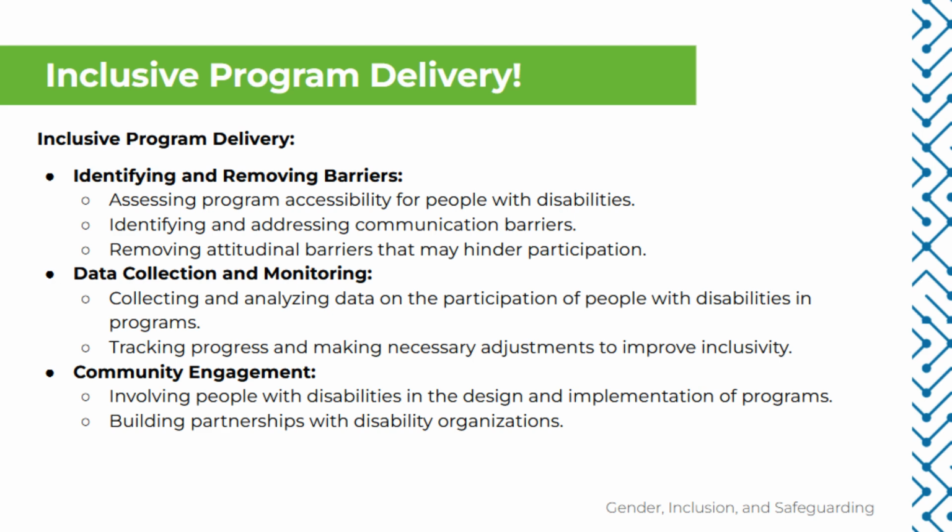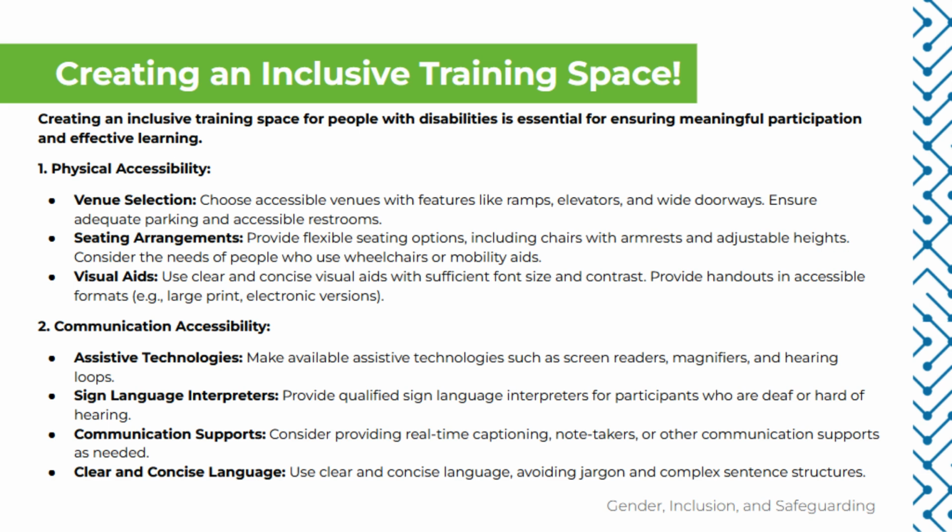Collecting and analyzing data on the participation of people with disabilities allows programs to track progress and make adjustments to improve inclusivity. Additionally, community engagement by involving people with disabilities in the design and implementation of the program, as well as building partnerships with disability organizations.